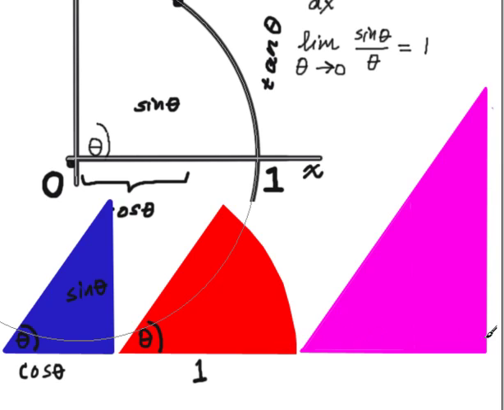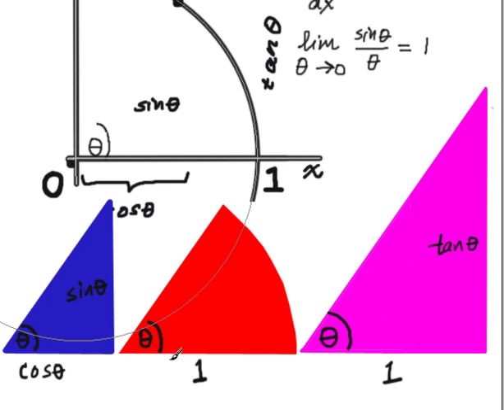And here we have the same base 1, angle theta. And if you recall, tangent theta is equal to opposite over adjacent, which would make this side, since the adjacent is 1, the height of this triangle equal to tangent theta.